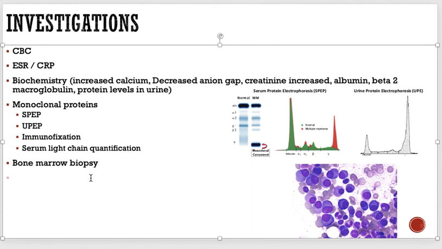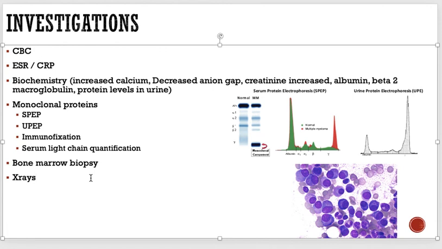So of course, once we get the plasma cells, then we can send those cells for cytogenetics and FISH. Okay, we can do X-rays, guys. Of course, I already talked about that. We can find the lytic lesions.